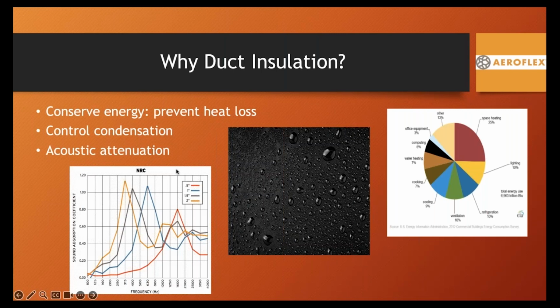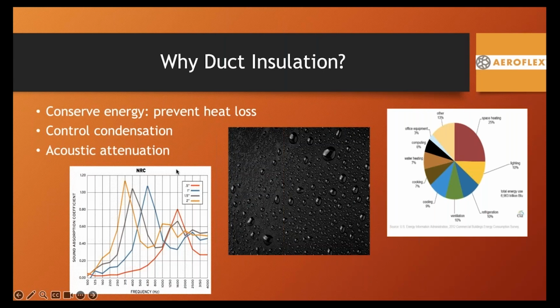Ductwork transports conditioned air from building mechanical systems to occupant spaces and is very susceptible to energy loss. It's proven that thermal insulation, regardless of type, installed on or in ductwork, conserves energy. And let's face it, condensation is inevitable.